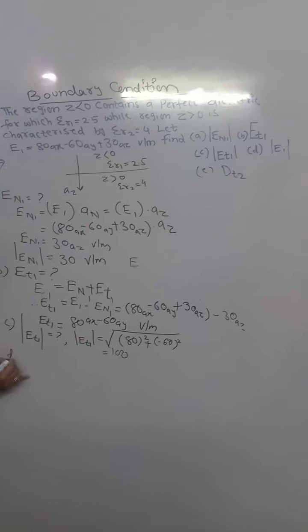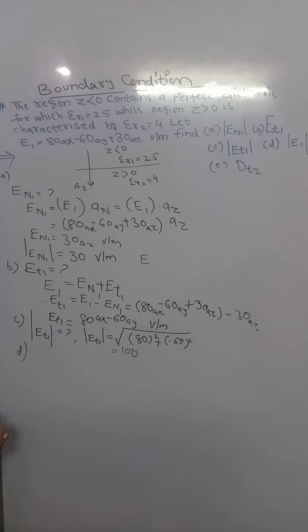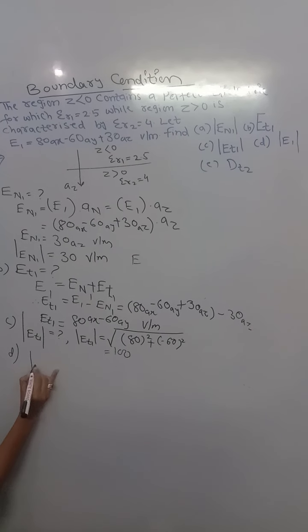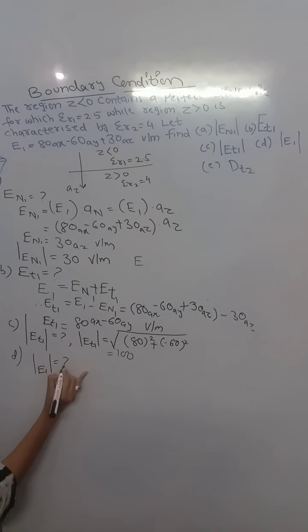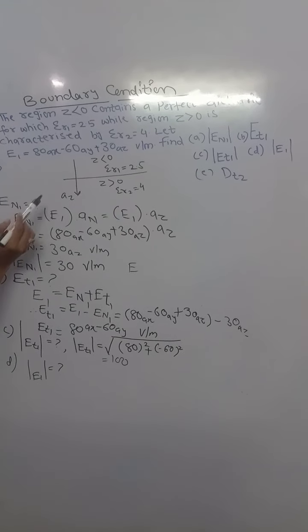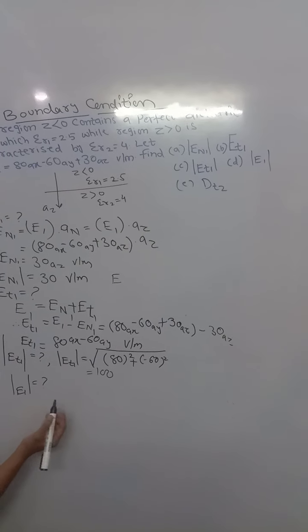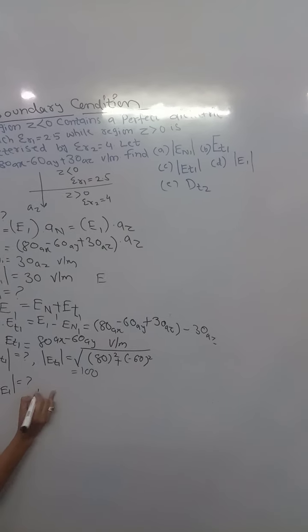Go for the D part. You need to calculate mod of E1. If you observe above, E1 is 80AX minus 60AY plus 30AZ.